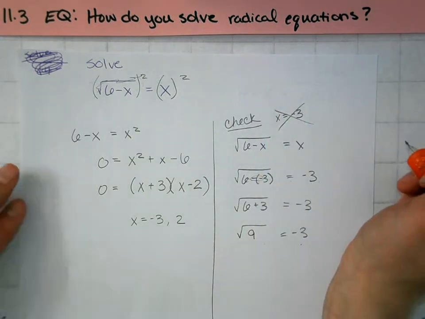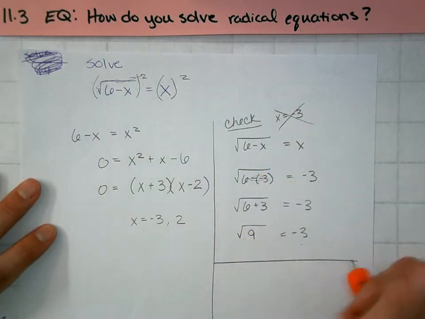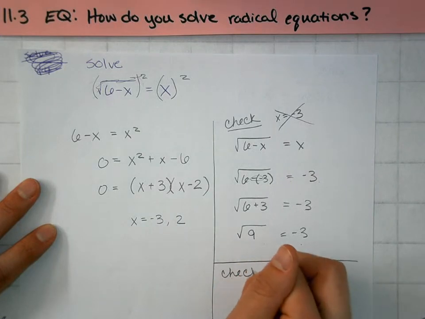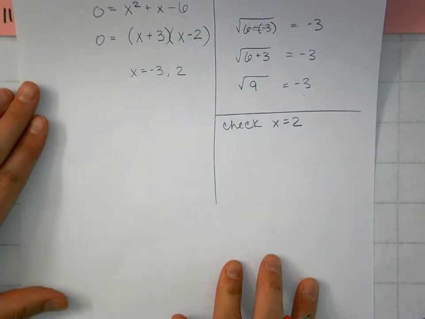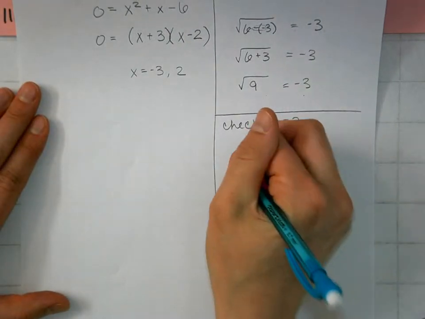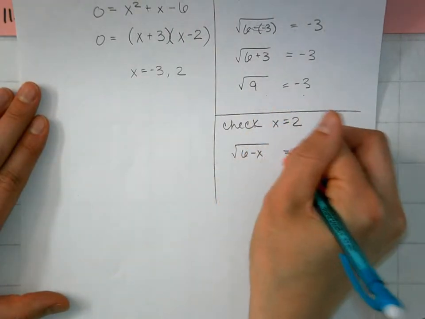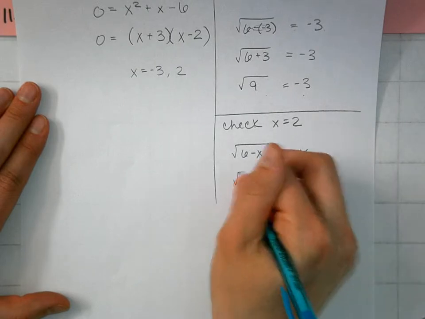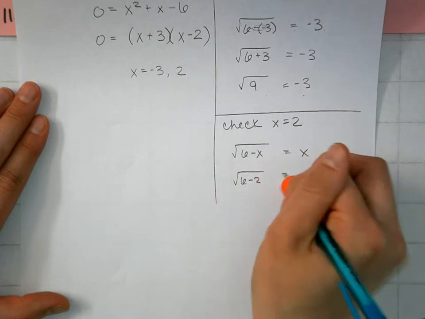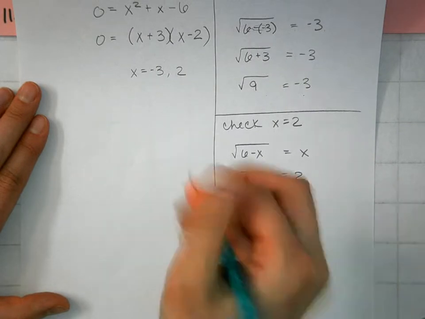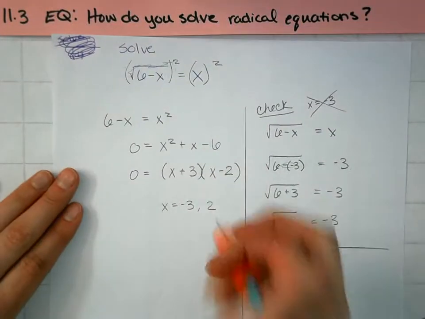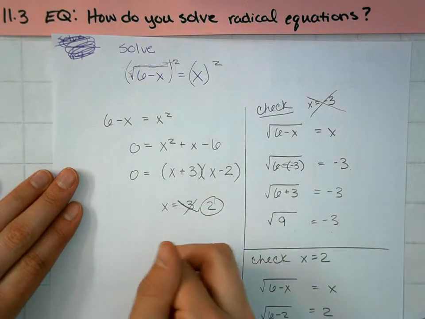It does not work. We also have to check our next one. And this is true. So the only solution here that works is the 2. So x equals 2.